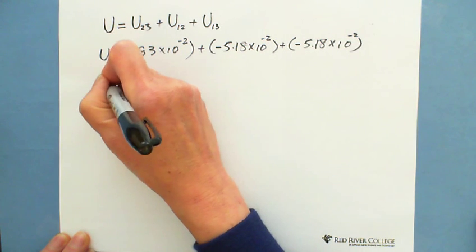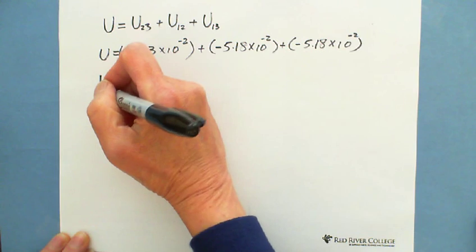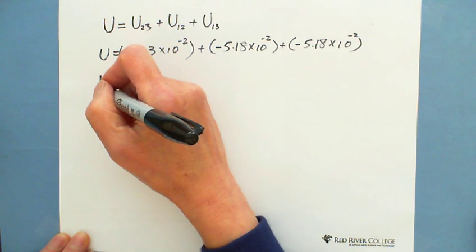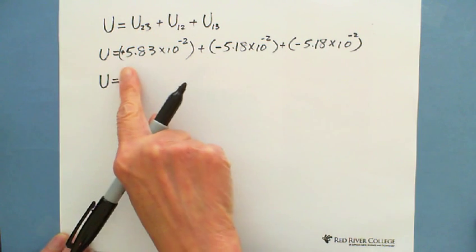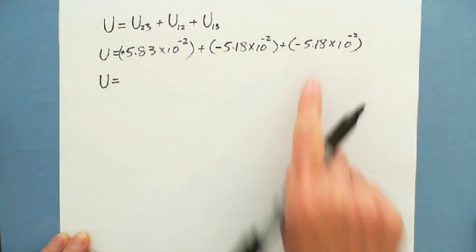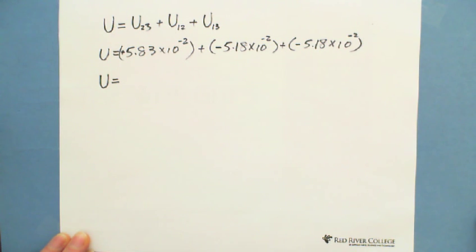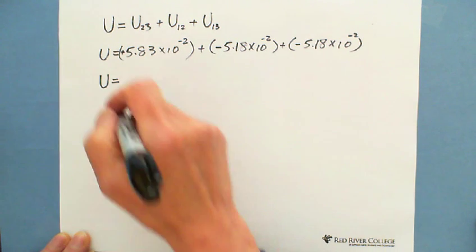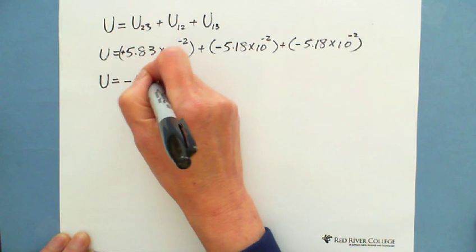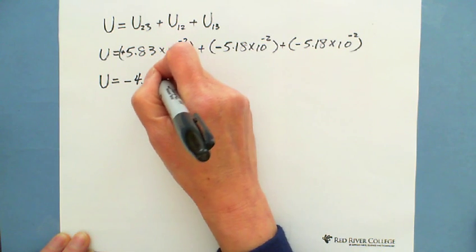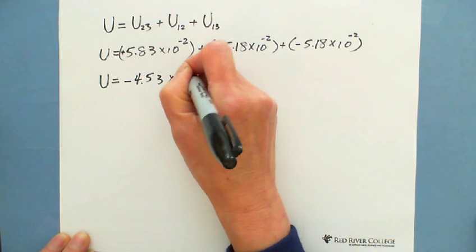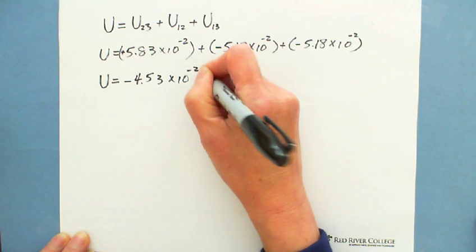As a result, we add these three, with one positive and two negative. Finally, we get the answer: negative 4.53 times 10 to the negative 2 joules.